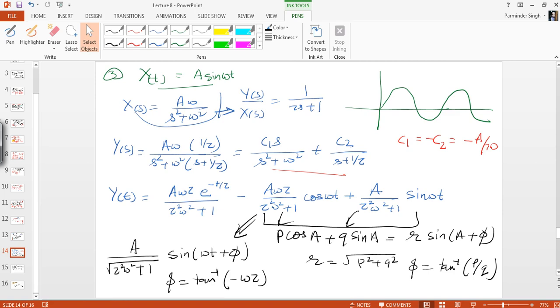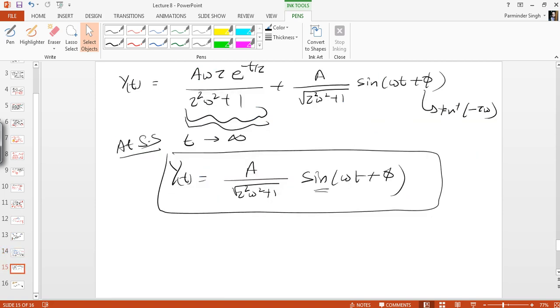This was the input and this is the output. So input was a sin omega t, and the output is again a sin omega t but with some other terms.